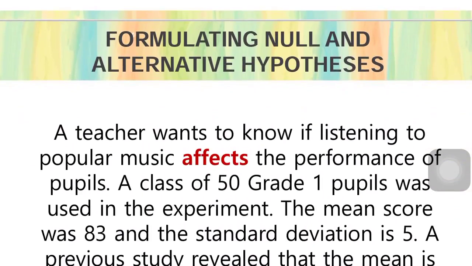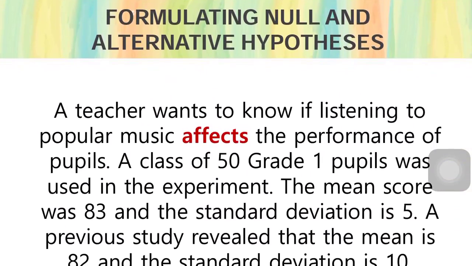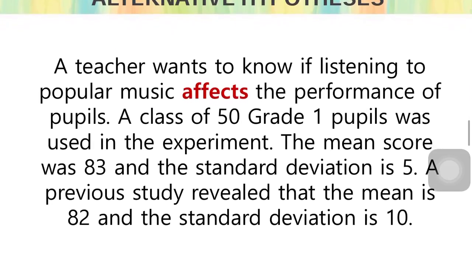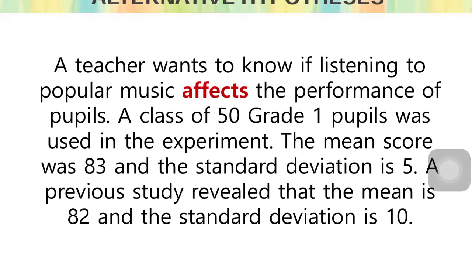Now, how to write the null and alternative hypothesis with these types of tests. For example, a teacher wants to know if listening to popular music affects the performance of pupils. A class of 50 grade 1 pupils was used in the experiment. The mean score was 83 and the standard deviation is 5.